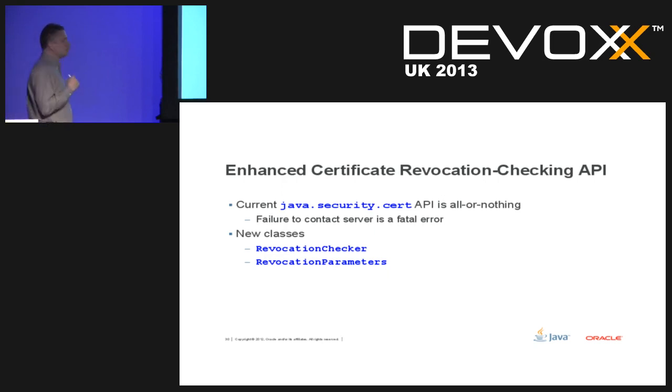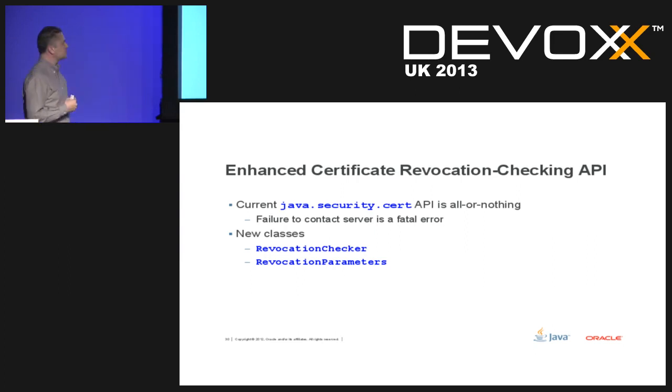Enhanced certificate revocation checking API. At the moment, the java.security.cert API is kind of all or nothing, which means that if it can't contact the server, then it becomes a fatal error.